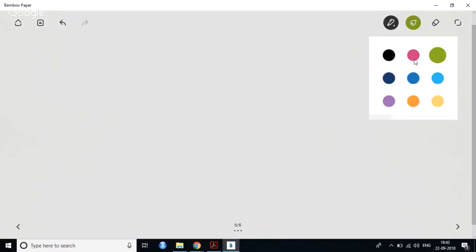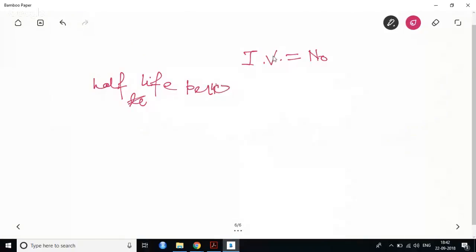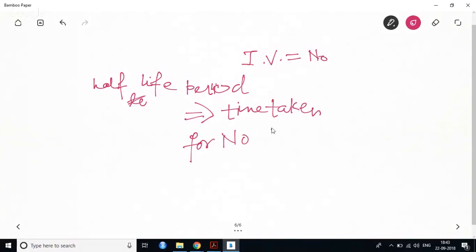Try to understand: if the initial value is N0, the half life period would be the time taken for N0 to become N0 divided by 2. This is the half life period.